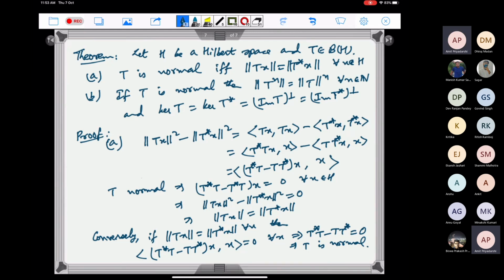Here, in fact, we assume that this is a Hilbert space over the complex field. So let me write this. This is a complex Hilbert space, and T belonging to B(H).